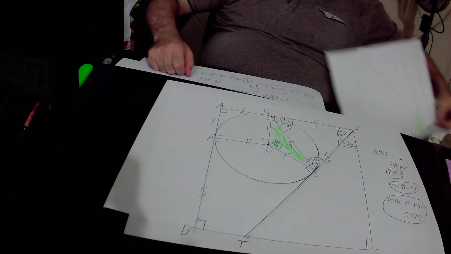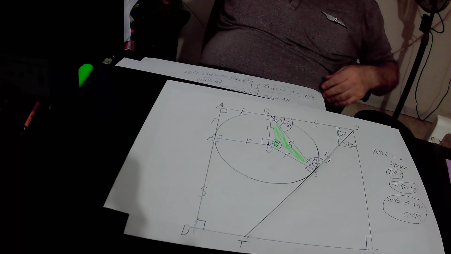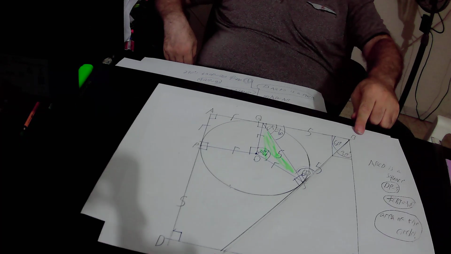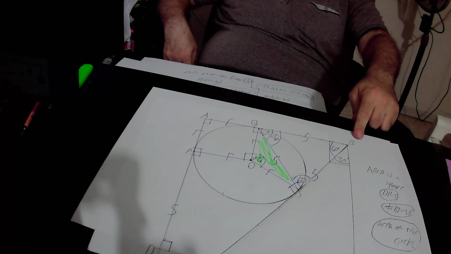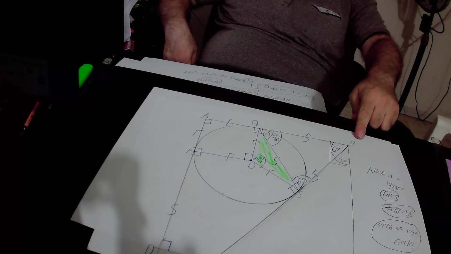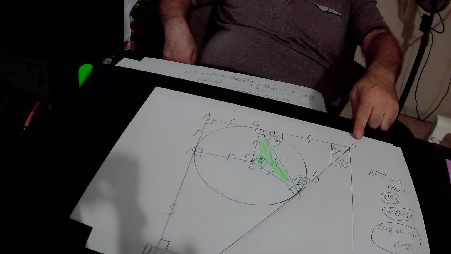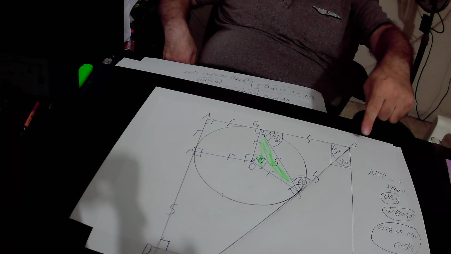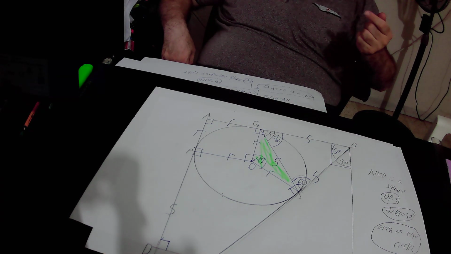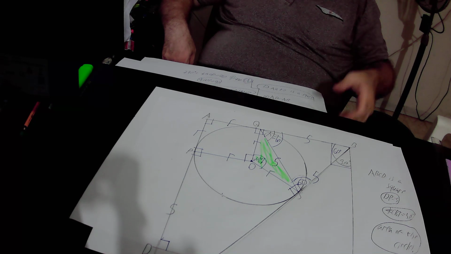We can implement rule number 2 in our drawing. Why? Because in our drawing, if we focus on the common external point, point B, from point B we have two tangents to the circle, tangent BQ and tangent BS. According to rule number 2, they are equal to each other.